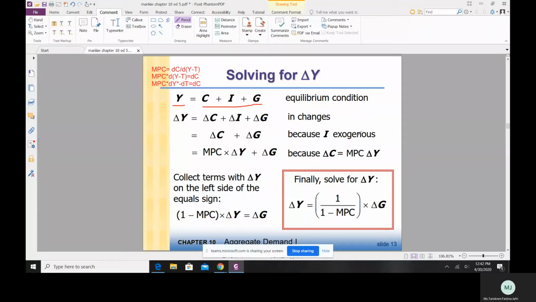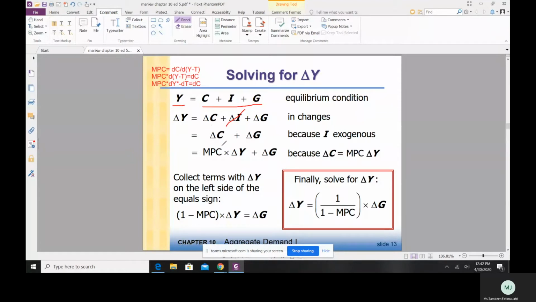Now because investment is assumed to be exogenous, देखिए investment तो बिल्कुल भी तब्दील नहीं हो रहा है इस सिनेरियो में, इसलिए change in I is taken to be 0. So this term falls out of the equation. So now my change in Y is equal to change in C plus change in G alone.